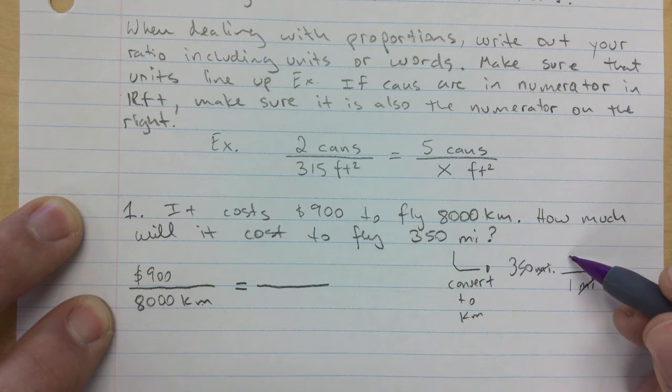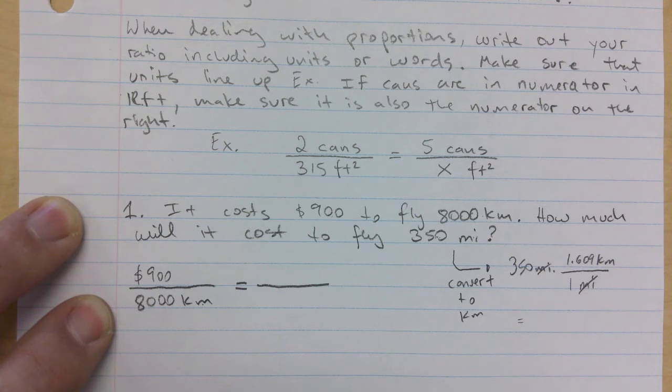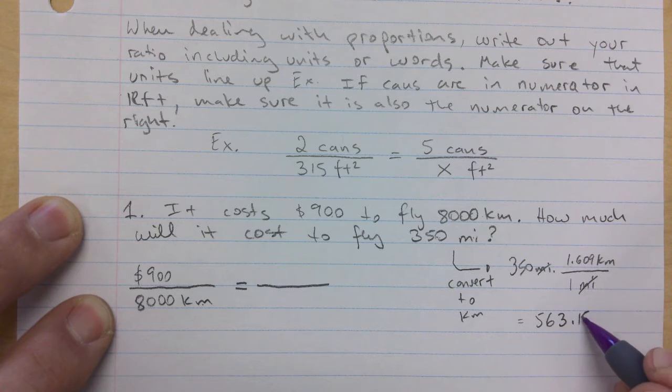So 1 mile is 1.609 kilometers. Okay, so the miles cancel out. So we go 350 times 1.609, and you get 563.15 kilometers.